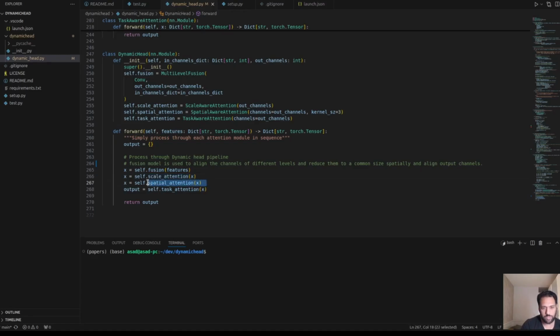Then we do spatial level attention, where we use this deformable convolution to have sparse attention, because spatial attention is very expensive if we do it fully. And then finally we have task level attention, which is just across the channels, and it can dynamically turn on and off the channels.